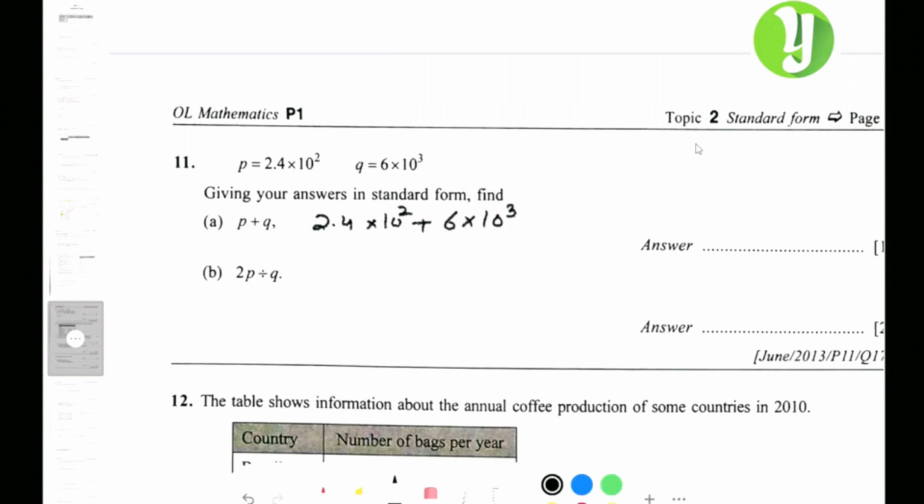Now in the addition we have to take the minimum power common. 10 power 2, 10 power 3, so 10 power 2 is the minimum power. We take 10 power 2 common, and the remaining is 2.4 and the 6 times by a 10 power of 1 because power 3 is there, 2 is common.